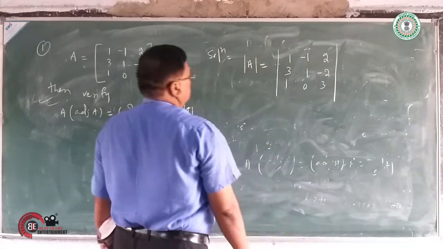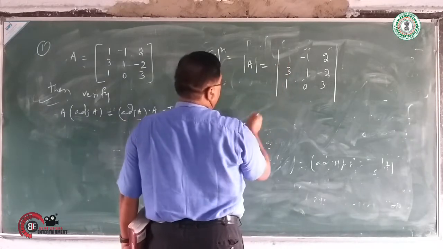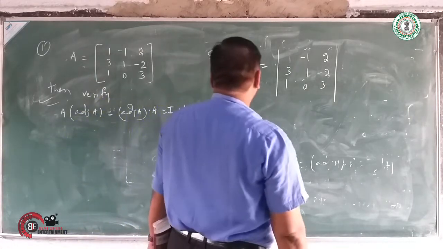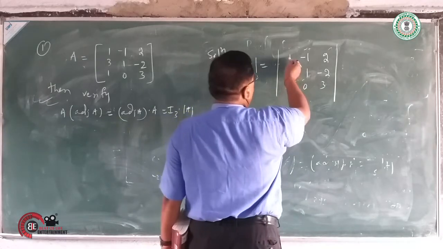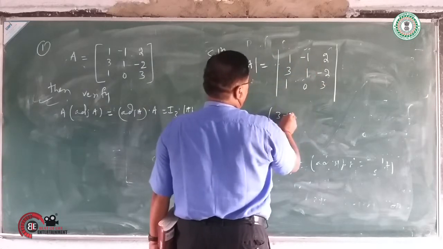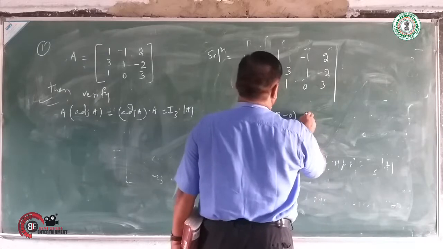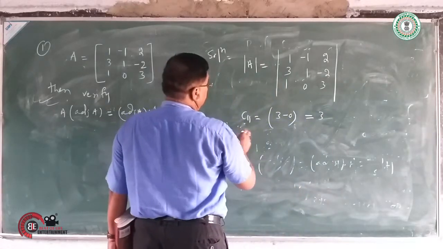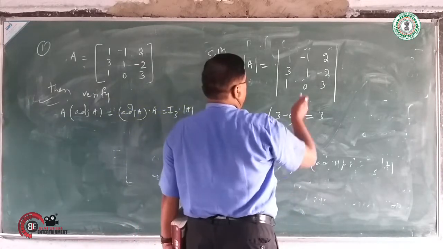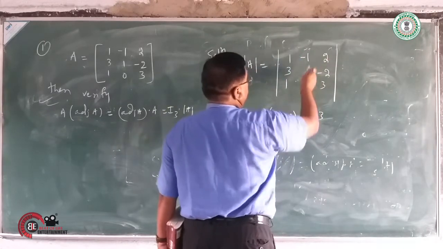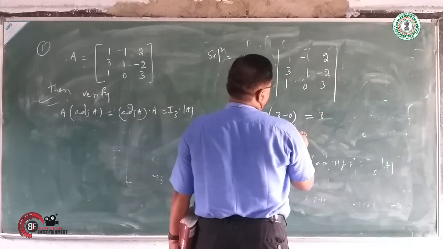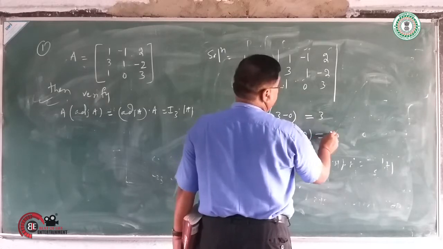So first we find the cofactor C11. We cancel this row and column: 3 minus 0, so C11 is 3. C12 will be negative because of the sign. Cancelling its row and column, 9 minus 2 plus 2, so minus 11.